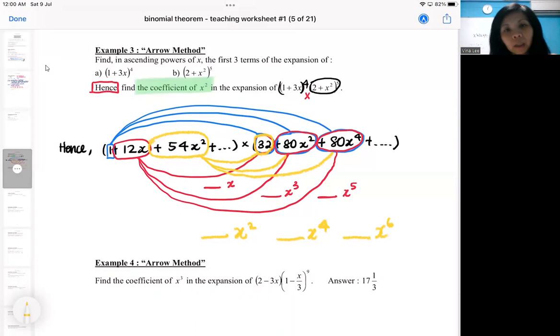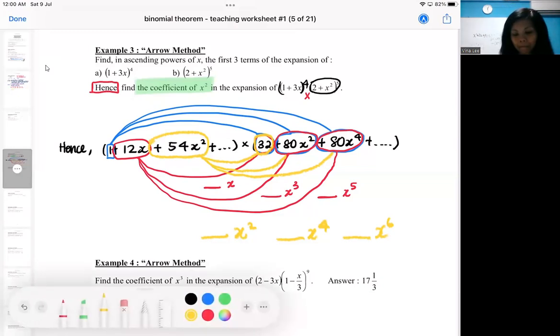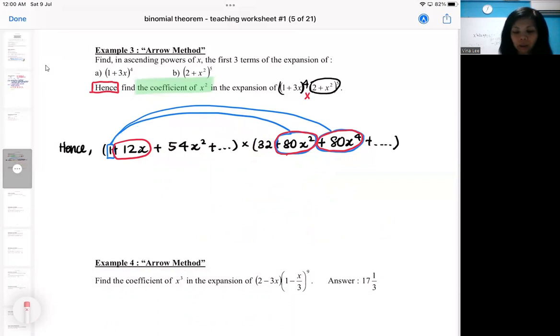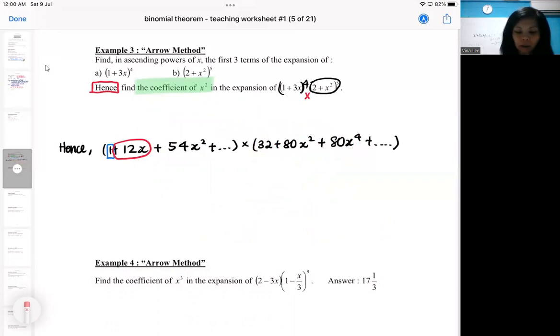But if you really look at what the question wants, I only want x squared. So you don't need all the 9 arrows. If you have explored the 9 arrows, you realize that it gives you numbers, it gives you x, x squared, x cubed, x^4, x^6.